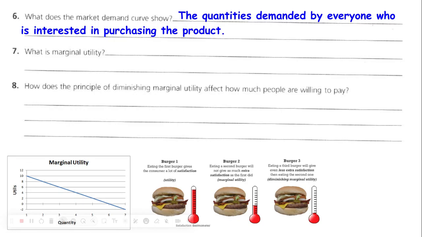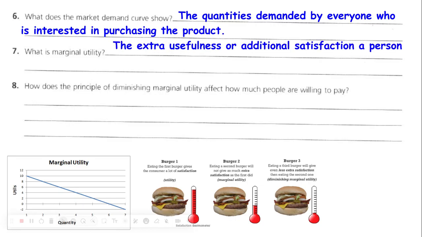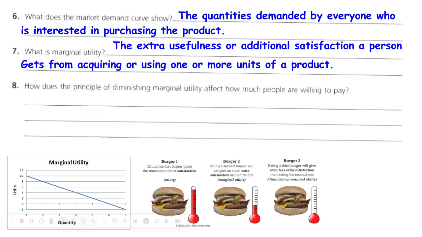What is marginal utility? Okay, anytime that we see the word utility, we're thinking about usefulness. So it's the extra usefulness or additional satisfaction a person gets from acquiring or using one or more of a product.